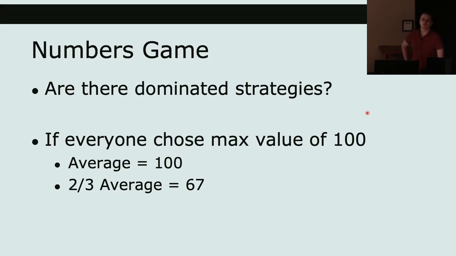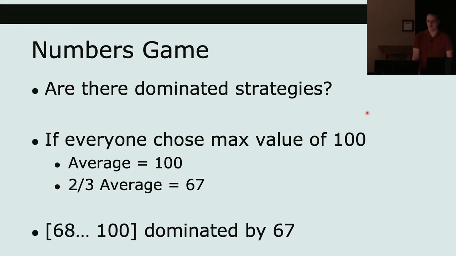But if everyone chose the maximum possible number, then the average would be 100. And so two-thirds of the average would be 66.6 repeating, so we'll round it to 67, right? Therefore, the guess of 67 is guaranteed to be closer than everything above it, which is what you were trying to say, right? Yeah, so it's the same thing, just probably fewer words.